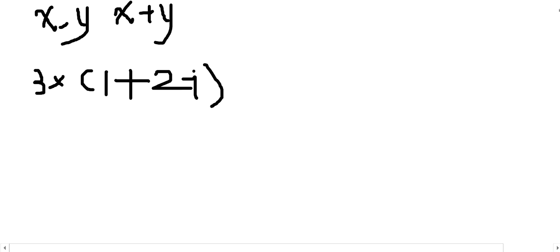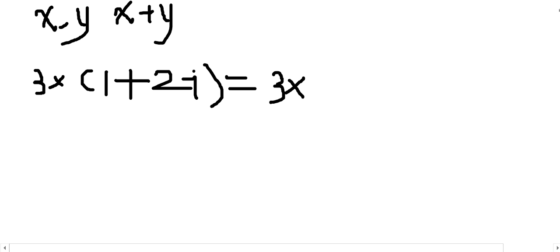We want to expand this because we want to simplify it further. So what can we say about it? The price times the quantity equals the sum of the price times each individual quantity.